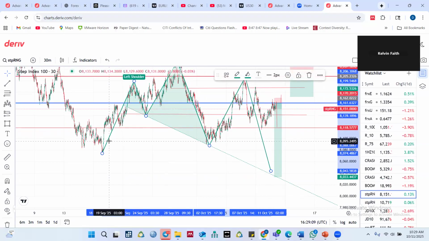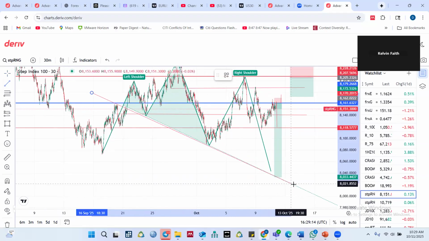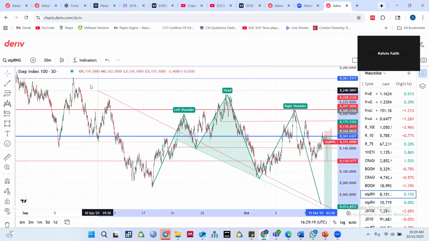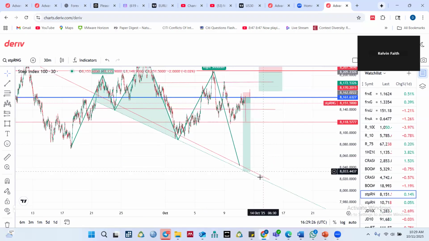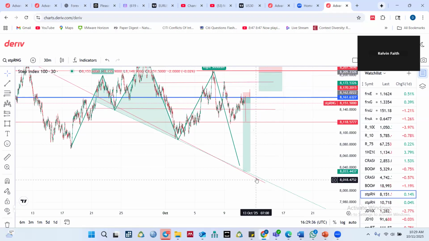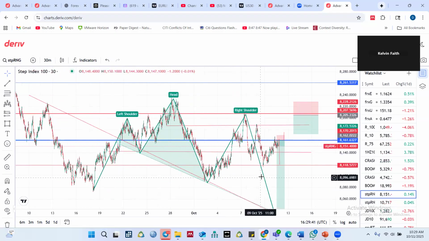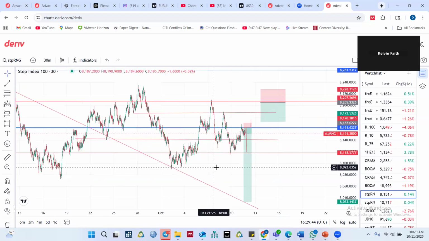So I'm going to go ahead and draw just a line here to connect these places and take the head and shoulder off. Good.